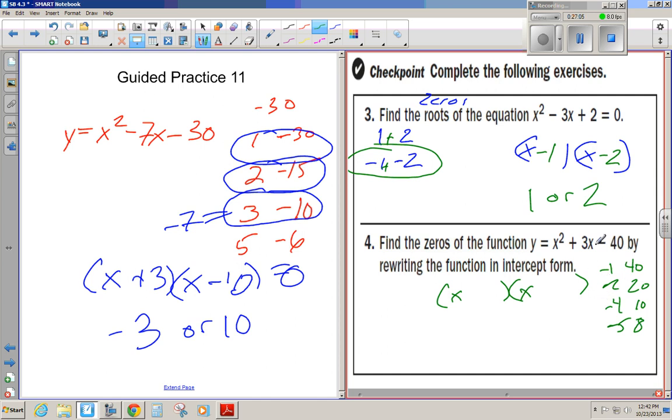All right, now which one adds up to a positive 3? Well, definitely not this one or this one. Negative 4 and 10, no, not this one. Negative 5 and positive 8. When you add negative 5 together with a positive 8, you get positive 3. So my zeros are 5 or negative 8.